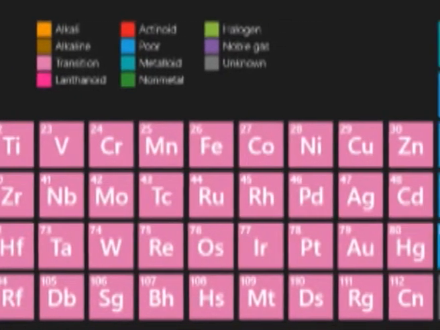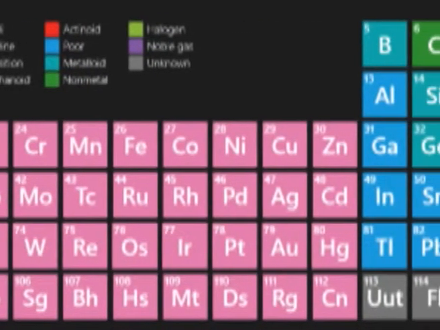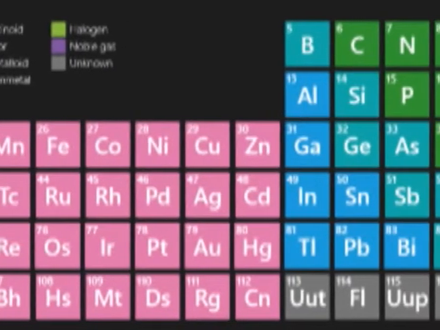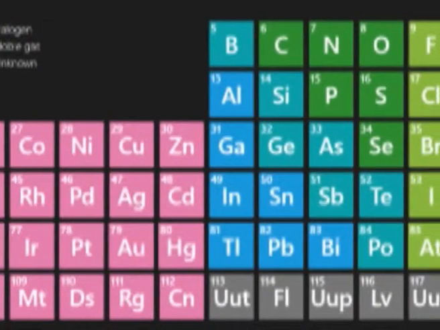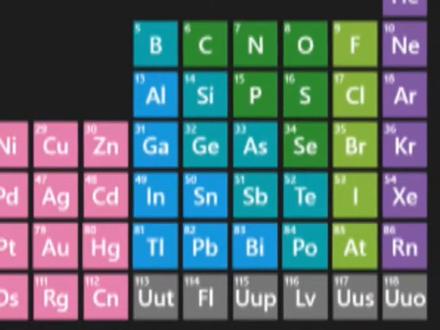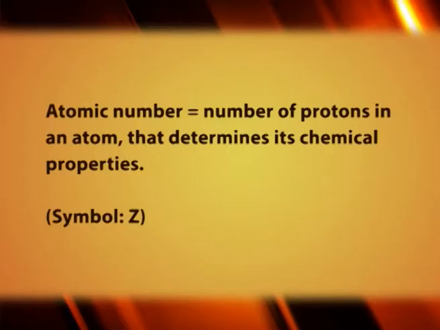On the other hand, periods are the horizontal rows in the periodic table, which signify the total number of electron shells in the element's atom. Atomic number is equal to the number of protons in an atom, which determines its chemical properties, and the symbol used is Z. A group is a vertical column in the periodic table which indicates the number of valence shell electrons in an element's atom.